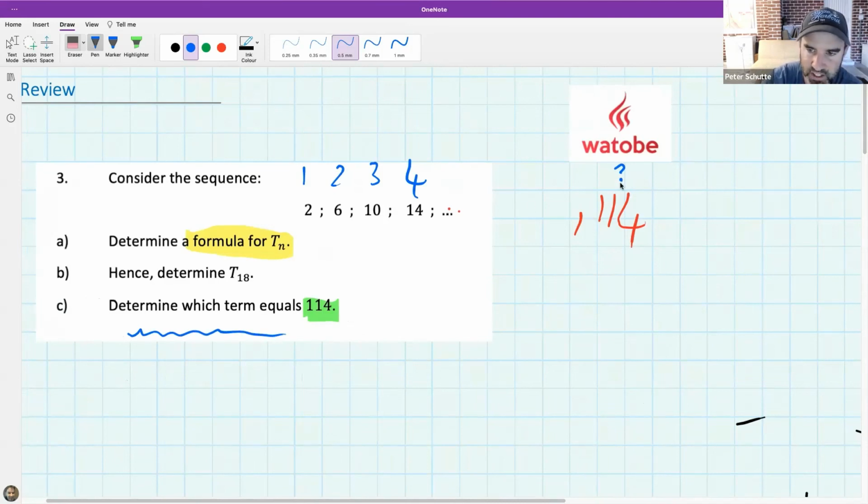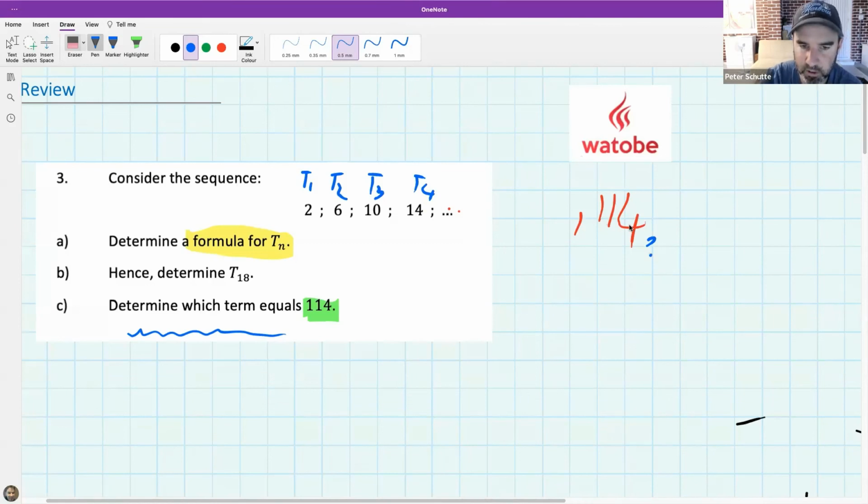What question C is saying is that in this long list, at some point, it gets to 114. What I want to know is, in this list, if I look at the very beginning, I know that this is T1, this is term 2, this is term 3, because I'm just counting 1, 2, 3, 4. The problem is I don't know its position.